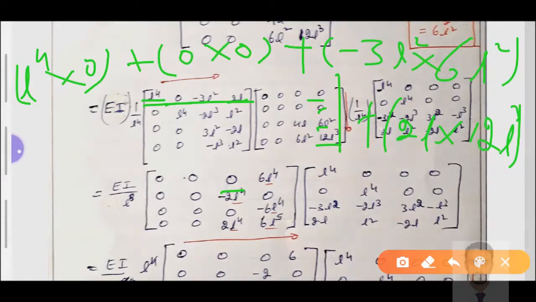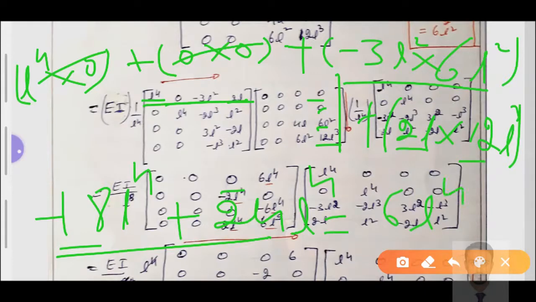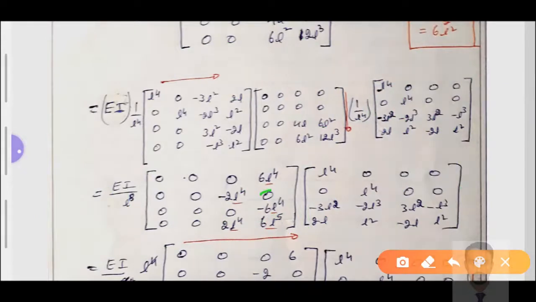Then this value is equal to minus 3L square into 6L cube, minus 18L power 4, plus 2L into 12L cube, means 24L power 4. 24 minus 18 is equal to 6L power 4. So we got this value 6L power 4 here.